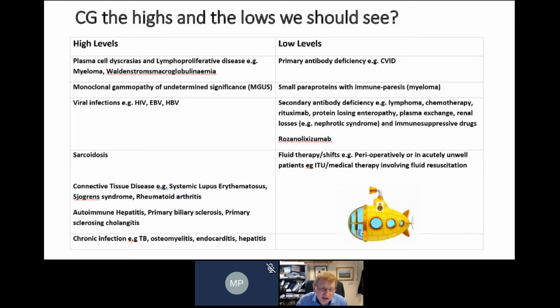But on the low side, if we were able to generate a cutoff, we might be able to find, for example, primary antibody deficiency such as CVID, secondary antibody deficiency, and also, of course, when you have a small paraprotein, a small monoclonal band associated with immunoparesis, which is perhaps even more common than myeloma itself, you would then have a low calculated globulin.